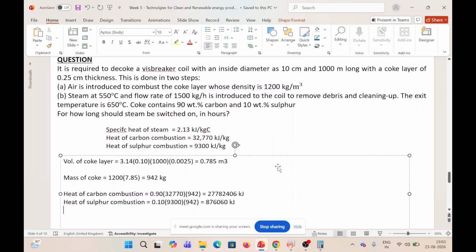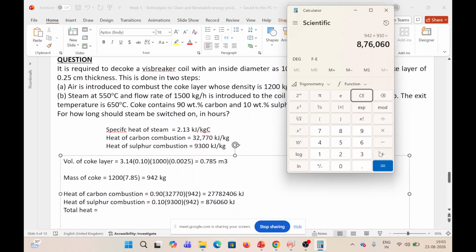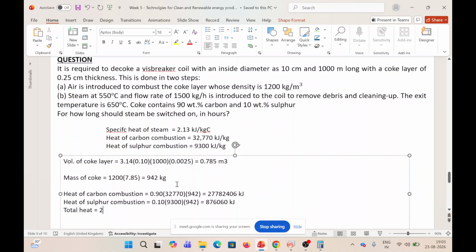Now total heat, that is the heat that you get from carbon as well as sulfur combustion, is going to be the addition of both. Going to be 28,658,466 kilojoules.